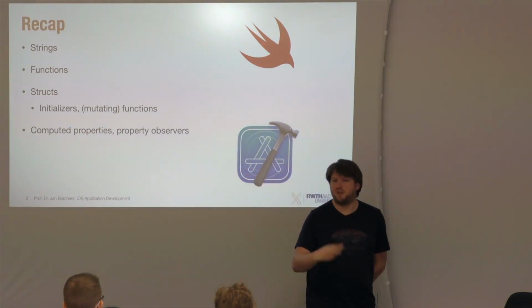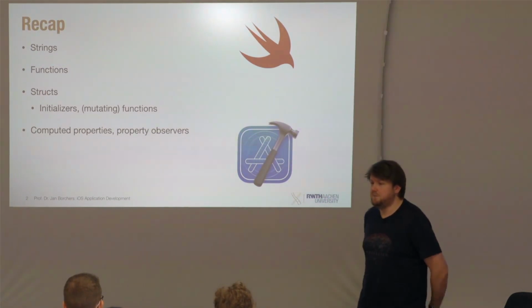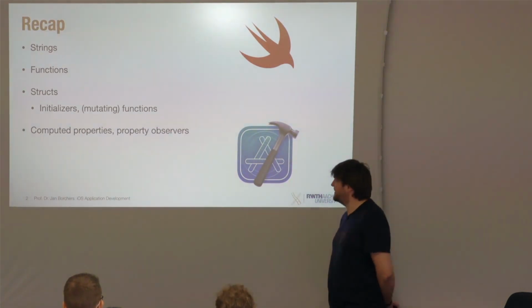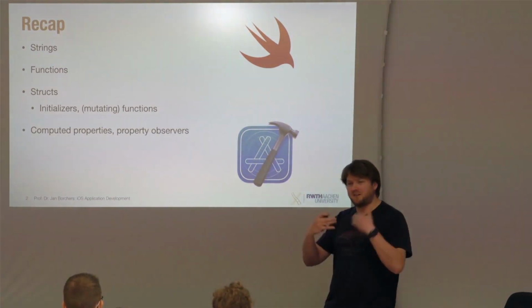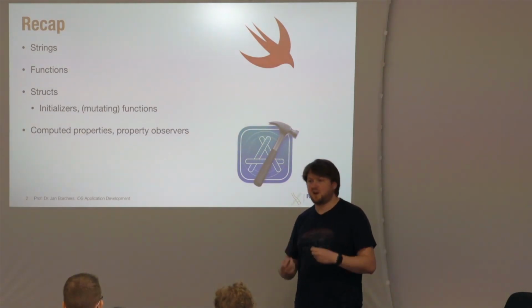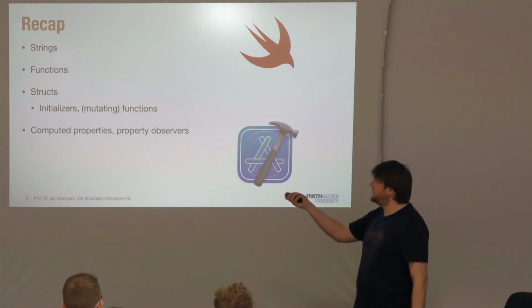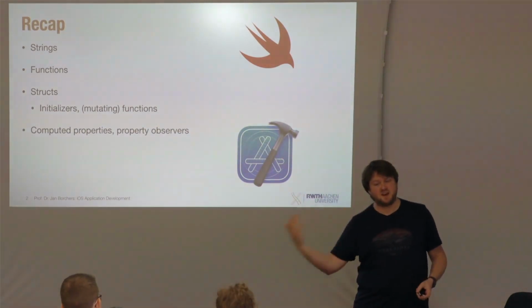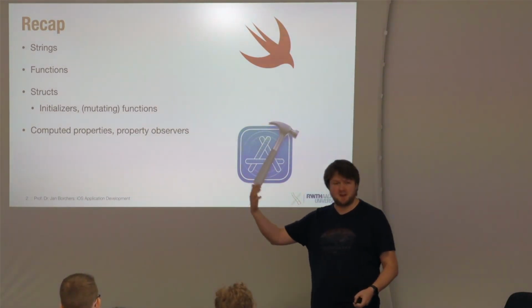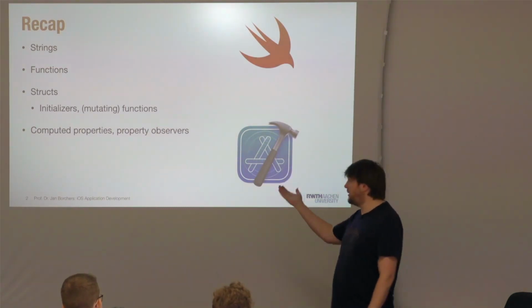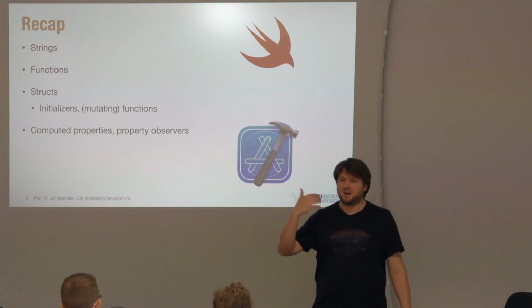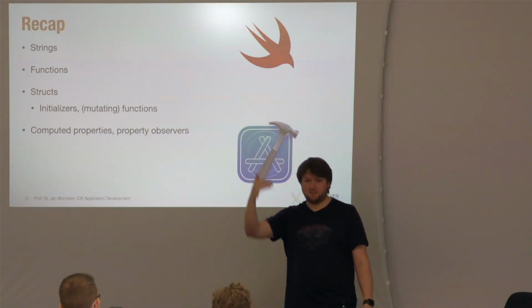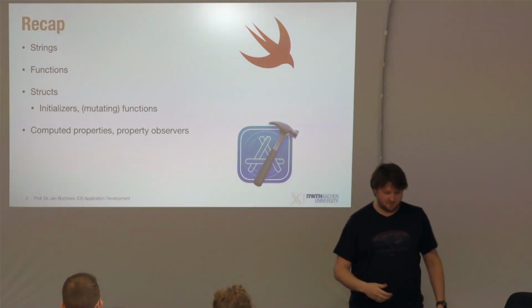So often it's willSet and didSet, that's the way it's called when I'm interacting with the property. So for example, what I mentioned with the computed property, that once I set the Celsius value, I also need to update my Fahrenheit value. I could also do that with a property observer that I know, okay, if that variable is set, then I update the others. So that can help there.